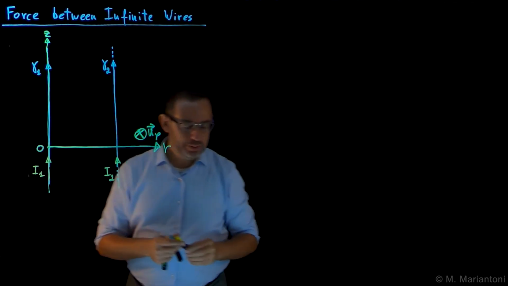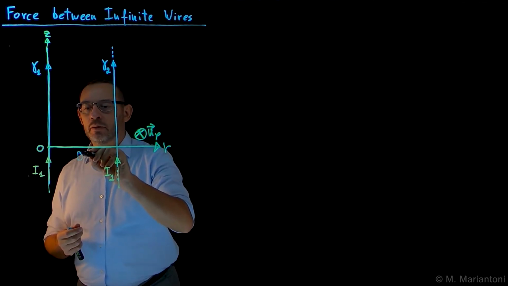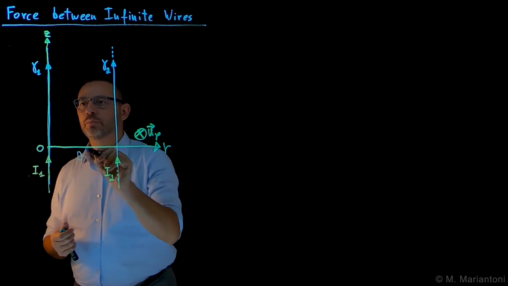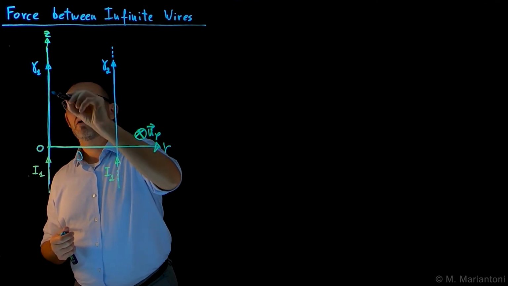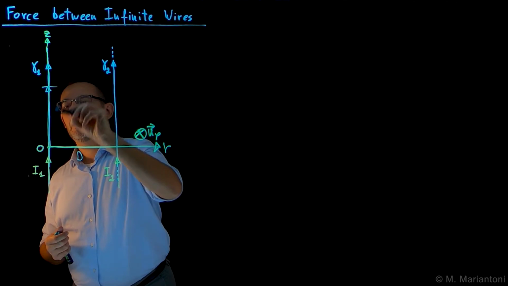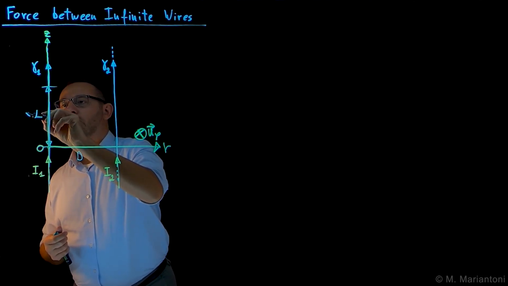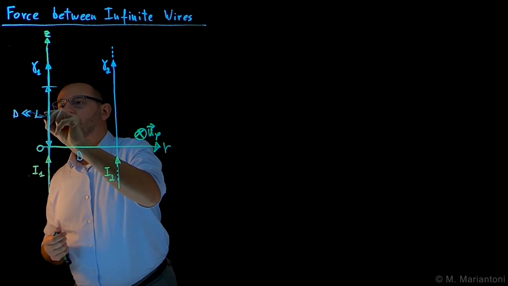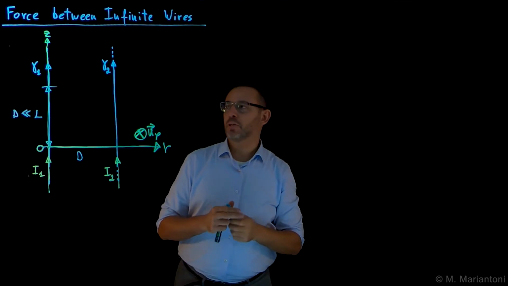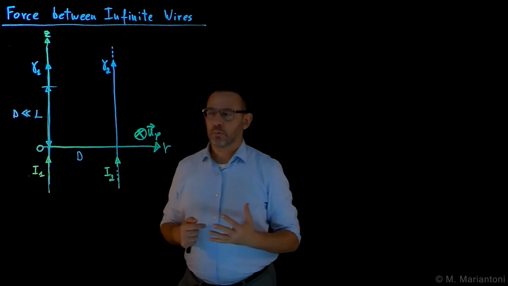The distance between these 2 circuits, which again are parallel to each other, is capital D. And eventually we're going to consider a length capital L, which will be much larger than capital D, in order to use all the results we have seen for infinite straight lines previously in 242. So this is the scenario.